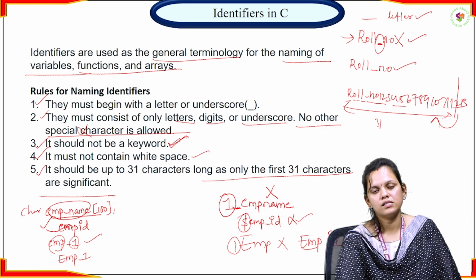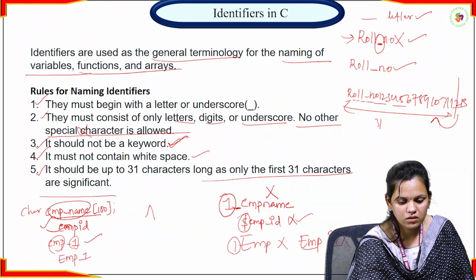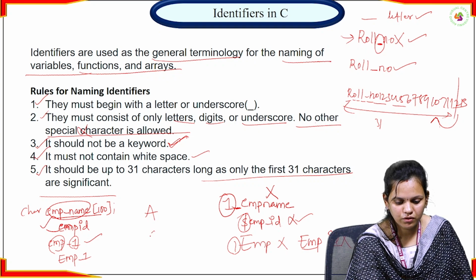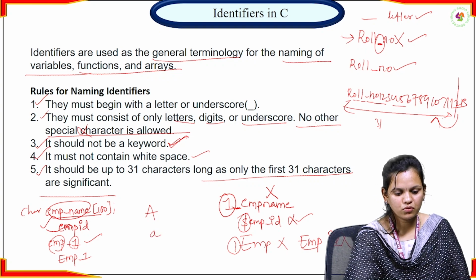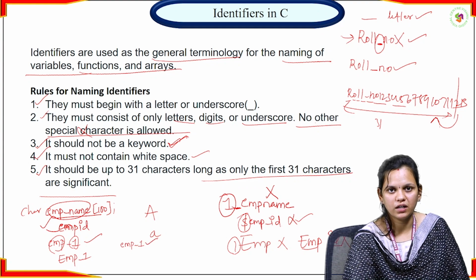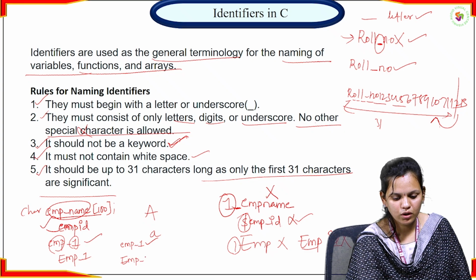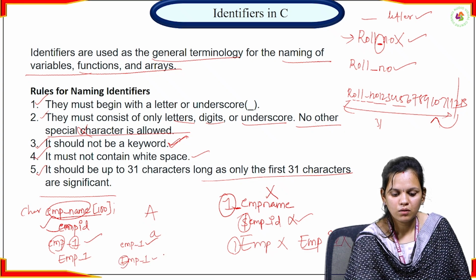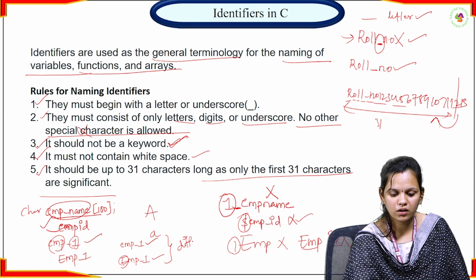And the other thing is C is a case sensitive language. Capital A differs from small a. Suppose I use employee1 as one of the identifiers, and I also use Employee1 with a capital E. Both these identifiers are different.